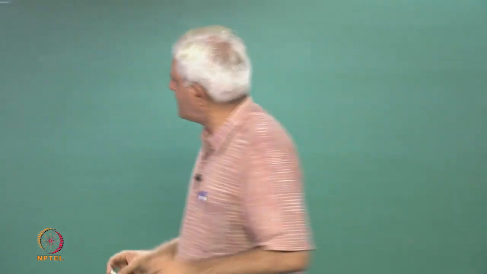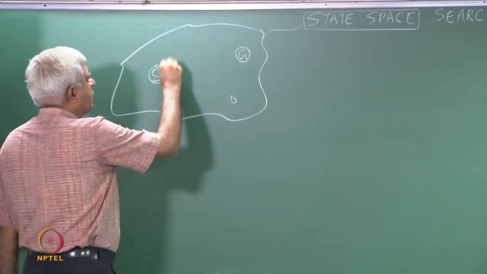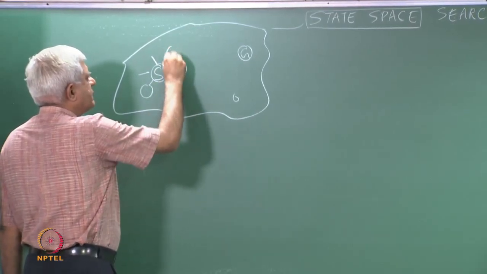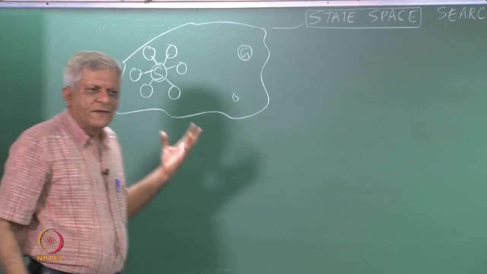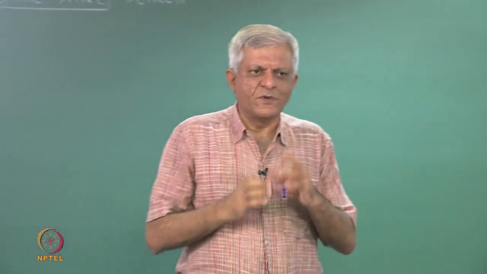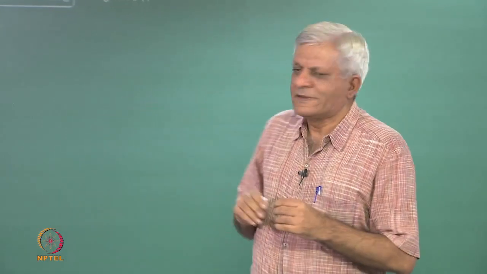So, we will model this process as moves which take you from one state to another state. In this case I have drawn 6 states. If some problem has 6 moves you can make in a given state, then the graph would look like that.